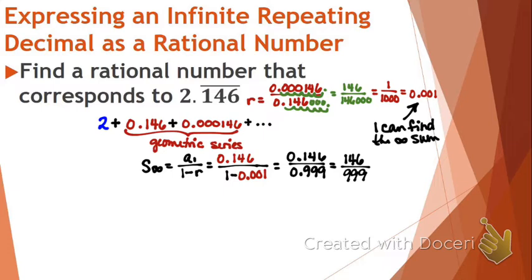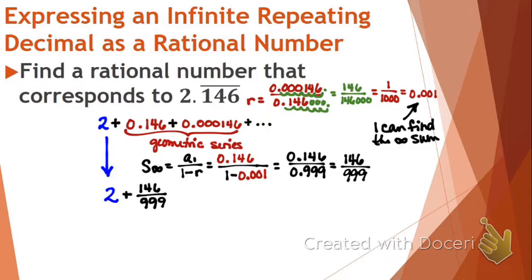Okay, so now I worry about that 2 part because I've represented the geometric part as a rational. So I'm going to do 2 plus 146 over 999. What do I need so that I can actually add those together? I need a common denominator.